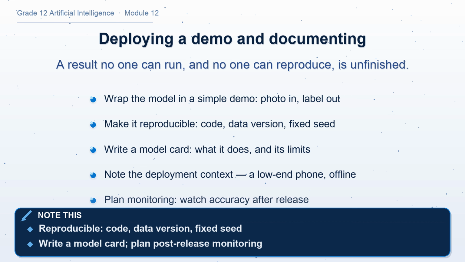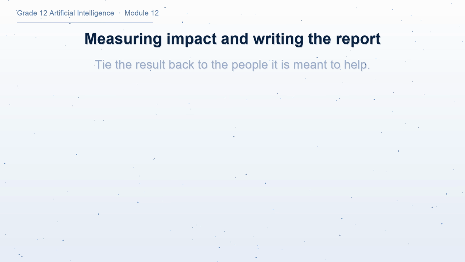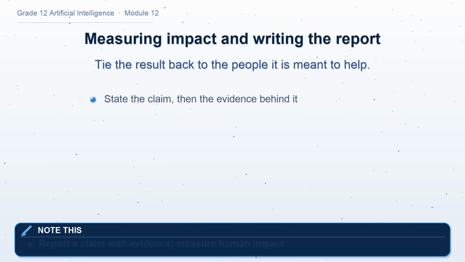With a demo that runs and a record others can follow, you can ask what difference it makes. A thesis is judged on its impact and how clearly you report it. Open with a clear claim, then give the evidence behind it. Measure impact in human terms, not only in numbers. For our detector, that might be diseased plants caught a week earlier and a harvest saved for a Rwandan family.